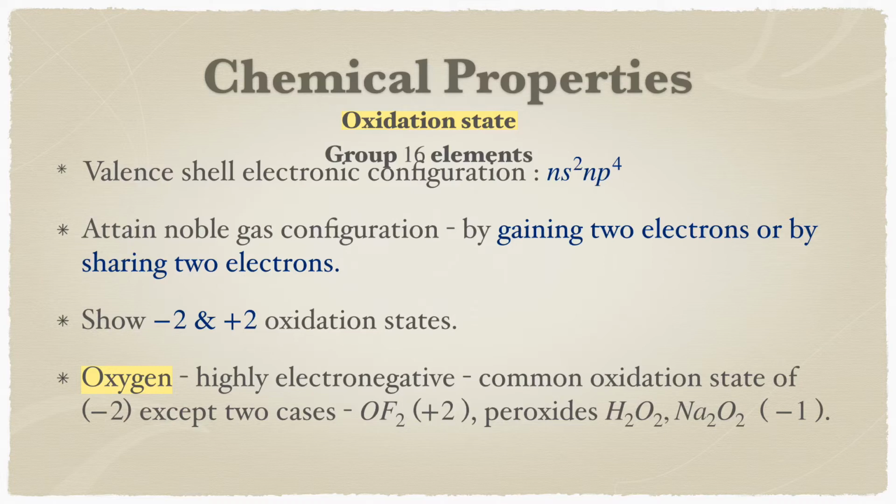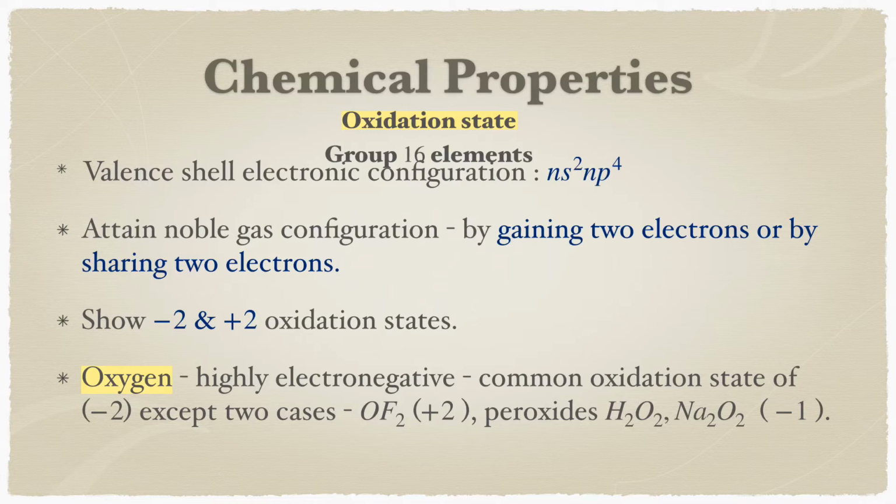Now, these elements normally show -2 and +2 oxidation states. But other than this, each element will show some other oxidation states as well. So first we will see oxygen.